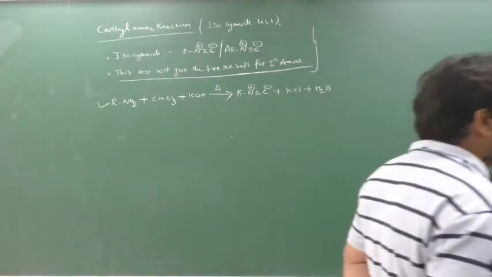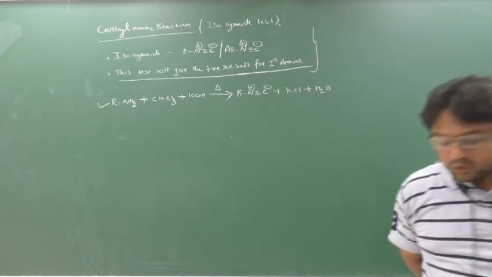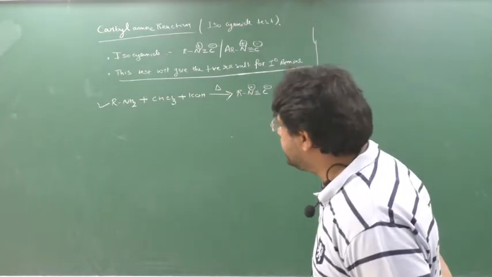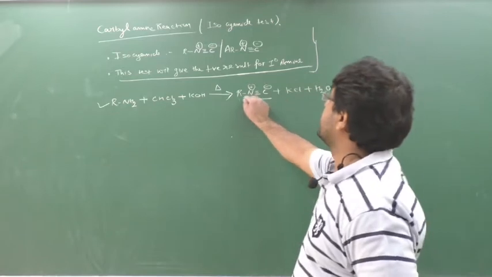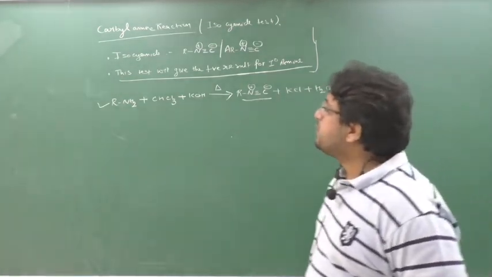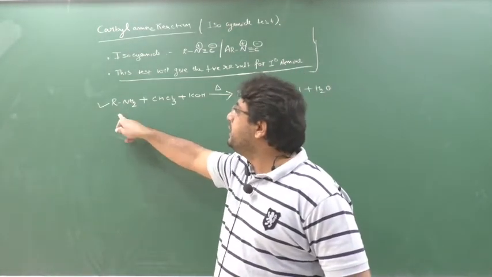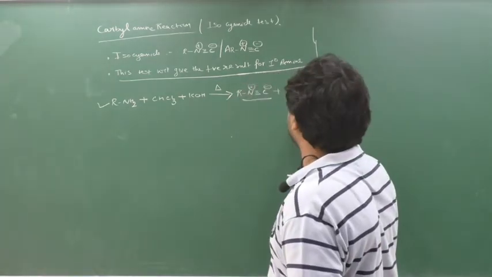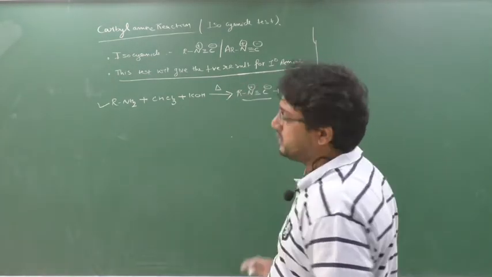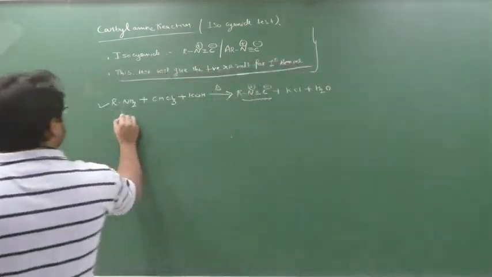If you take 1 degree amine and react it with chloroform in the presence of a basic medium, it will generate isocyanide. But if instead of 1 degree amine you take 2 degree or 3 degree, the result will not come. I will write here no reaction. So for 1 degree amine, yes, the reaction will come.